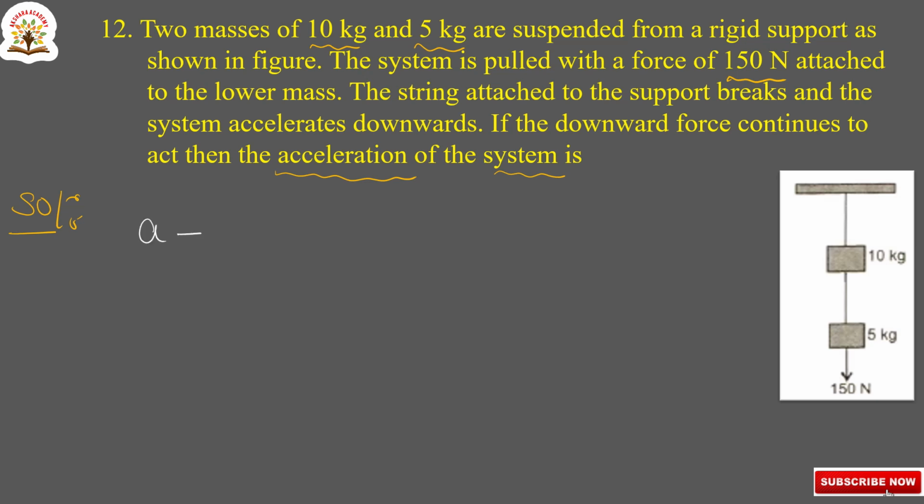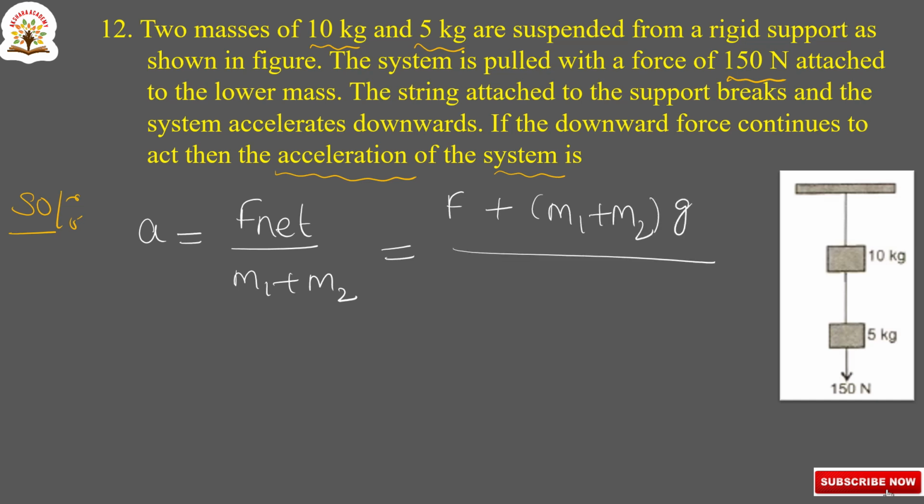So a is equal to F net by m1 plus m2. F net is F plus (m1 plus m2) g, divided by m1 plus m2.